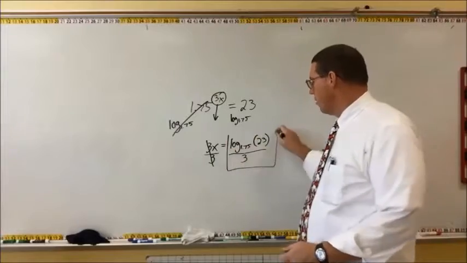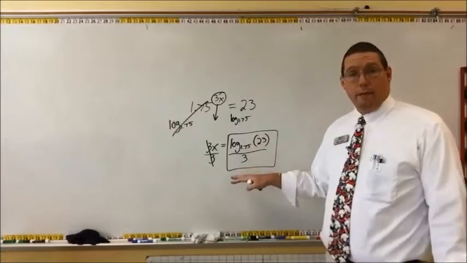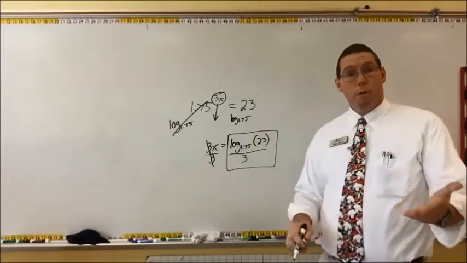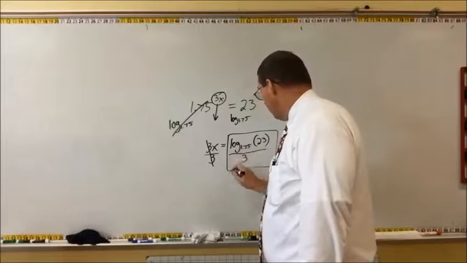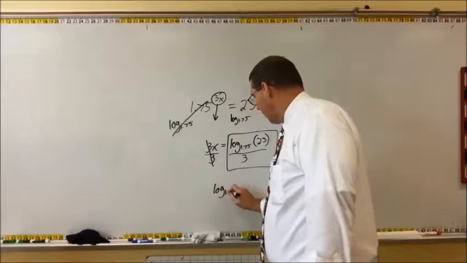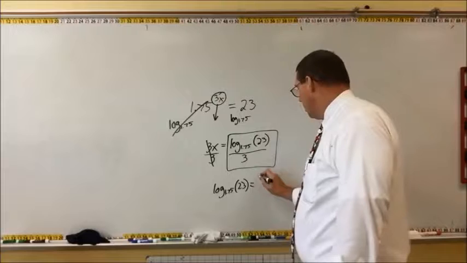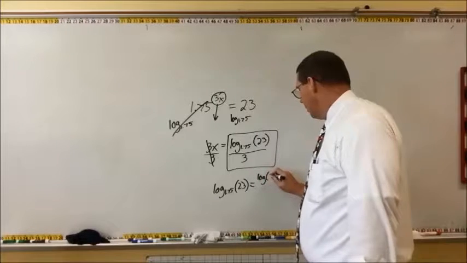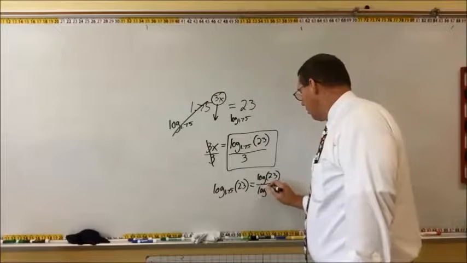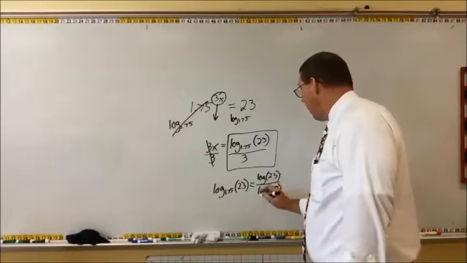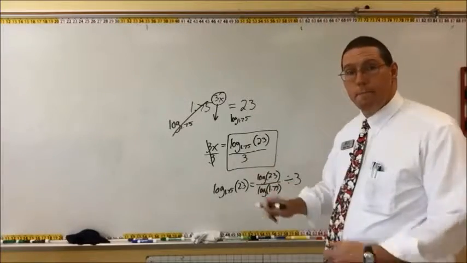Now this, you may say, well, what is that? That you can plug into a calculator. And so how do we calculate this? Well, you learned in the last video how to calculate a logarithm. Log base 1.75 of 23 is equal to log, hit the log button, key in 23, divided by log, parenthesis, 1.75, and then whatever answer you get, you're going to divide that by 3, and that'll be your answer.